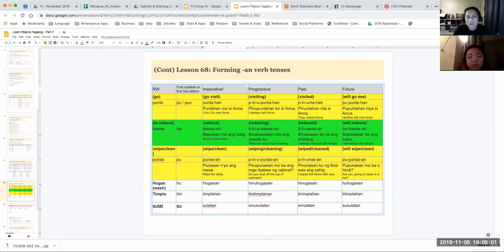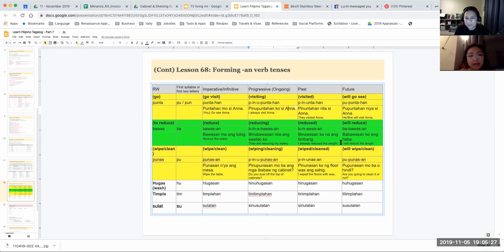In Tagalog kasi one lang, we only use one word for imperative or infinitive. So we put it that way. If it's progressive, it means this is ongoing. So pinupuntahan.